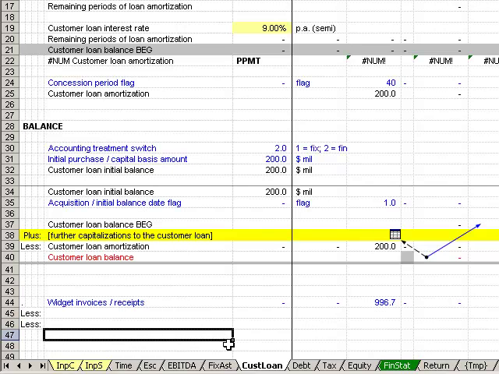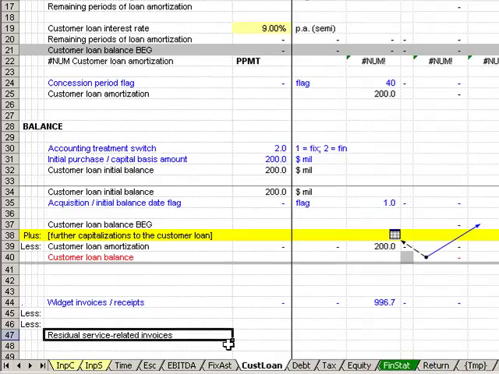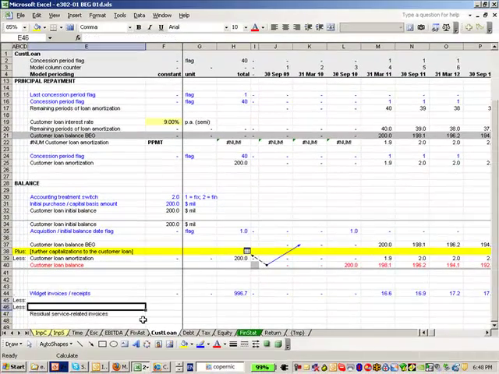So the residual amount, service related invoices. Okay, so this is the amount of money that he's paying for us to operate the widget plant. Don't forget, we sold the plant as an asset. The customer still wants us around to run the widget plant.